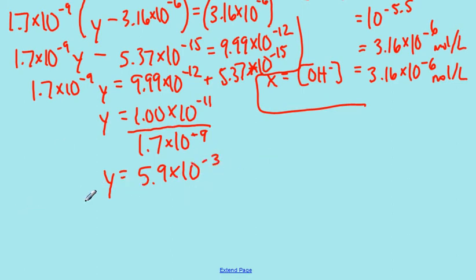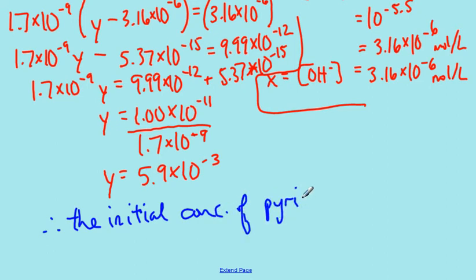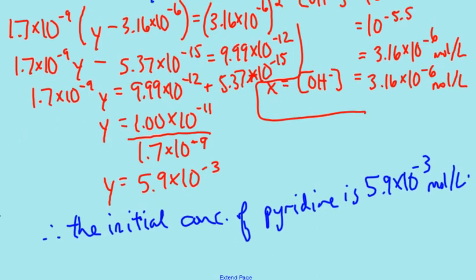So my initial concentration of pyridine in this question is 5.9 times 10 to the minus 3 moles per liter. Okay, so that's what we were looking for in this case. Definitely a lot of ugly math with exponents over here, but it's actually not too bad.